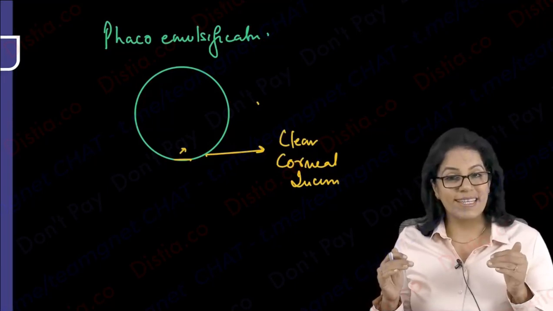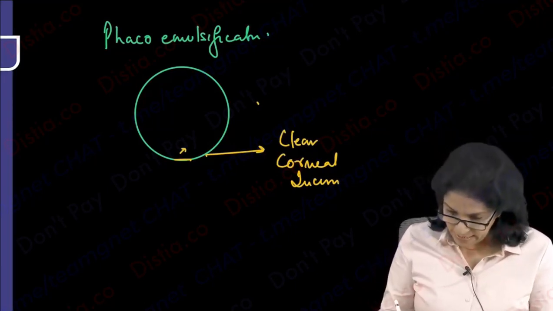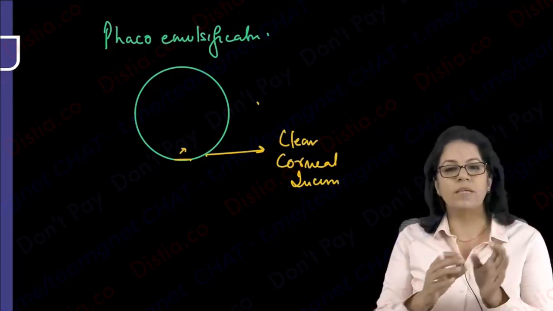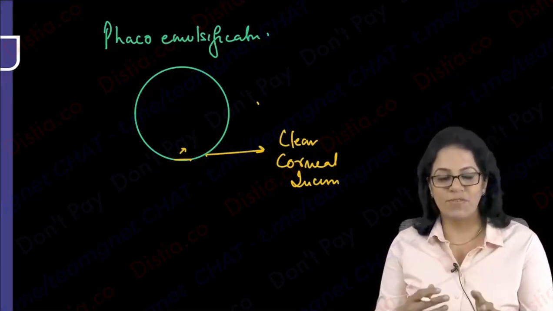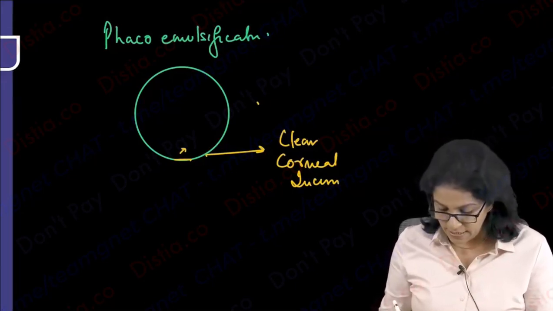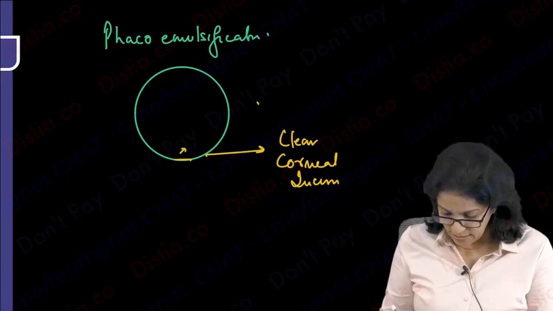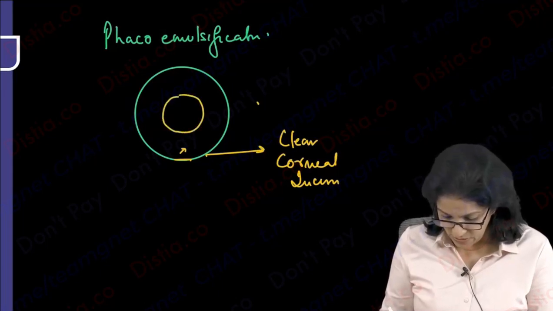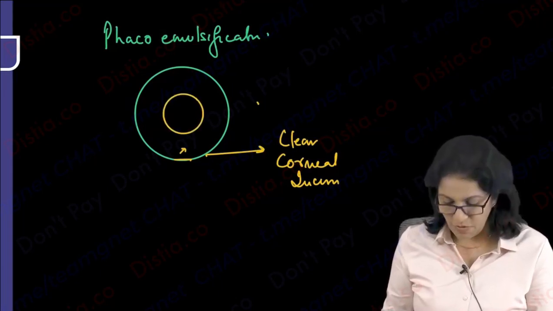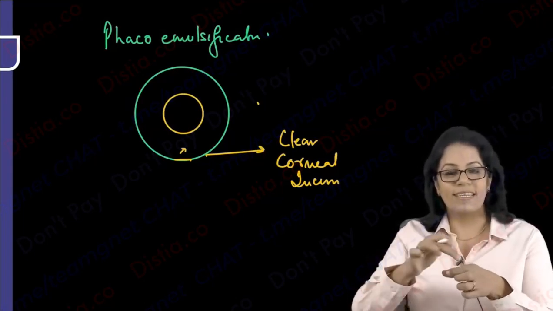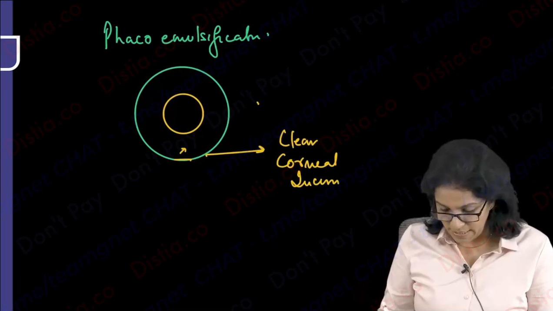Once I have given this clear corneal incision, my next step would be, of course, I'm not telling you each and every step, we'll watch a video on phaco. The next major step becomes your CCC, which is a uniform smooth opening on the anterior capsule. What will be the next step? A very important one is your hydrodissection.